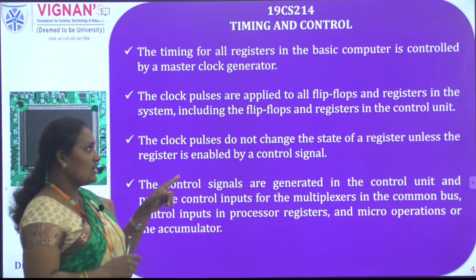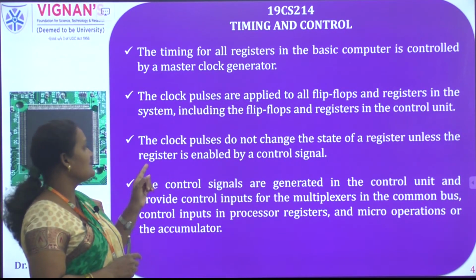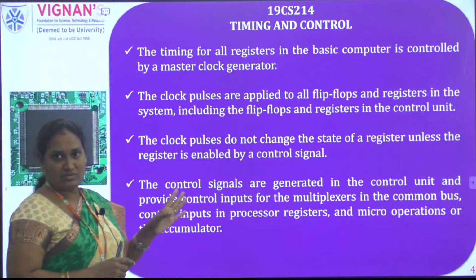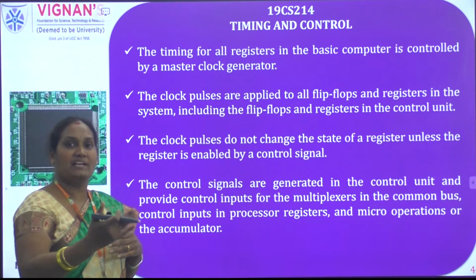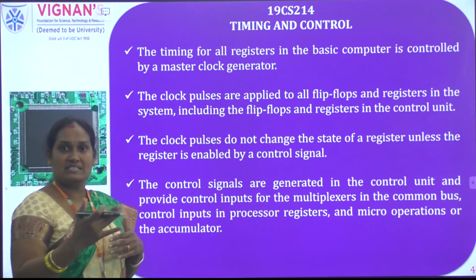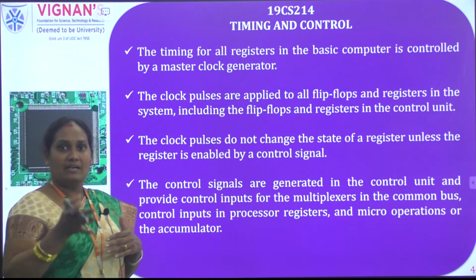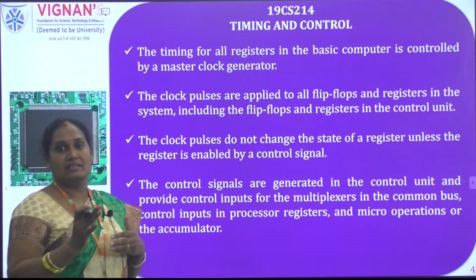The clock pulses do not change the state of a register unless the register is enabled by a control signal. Even if the clock pulse is applied to the register, it does not change the state of the register unless it gets a control signal.